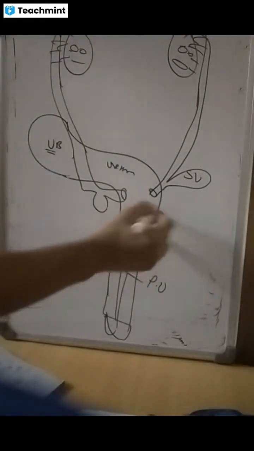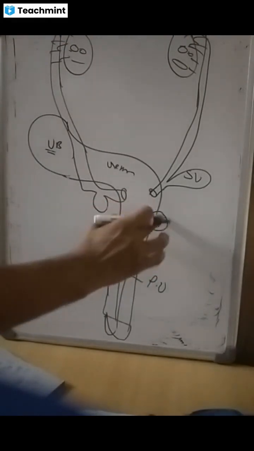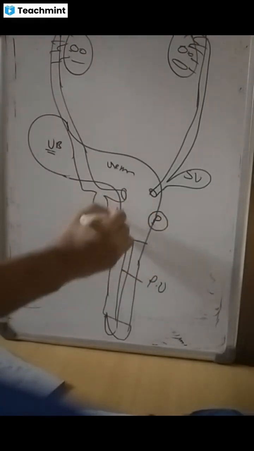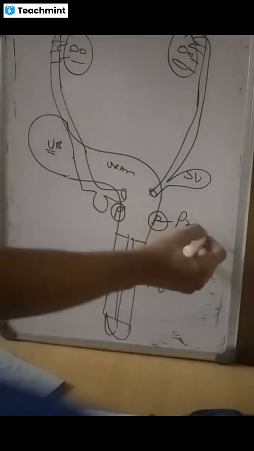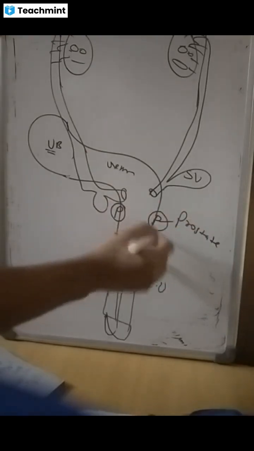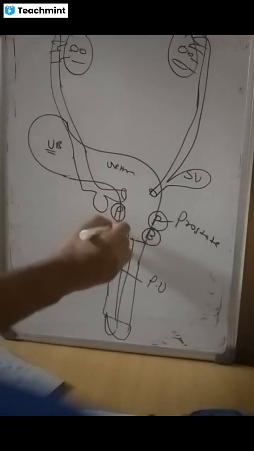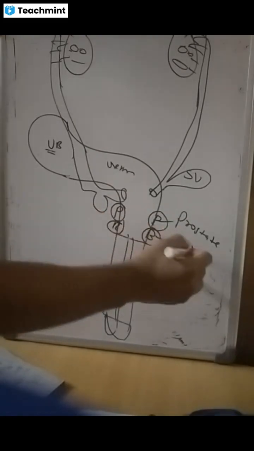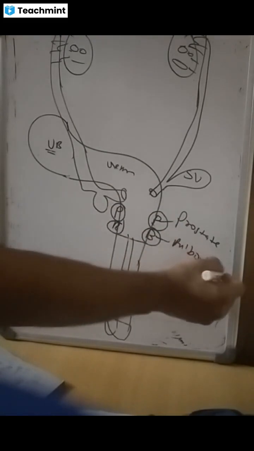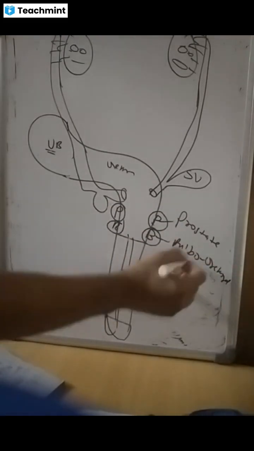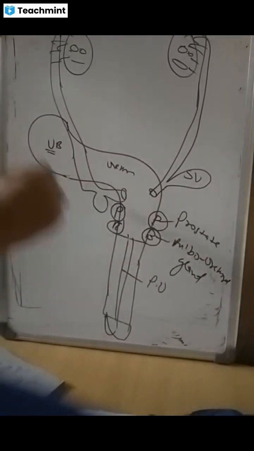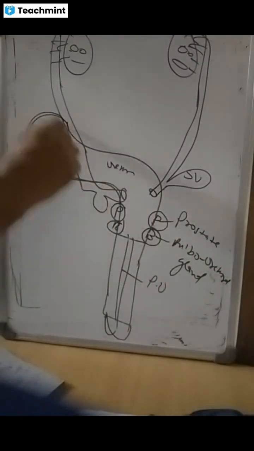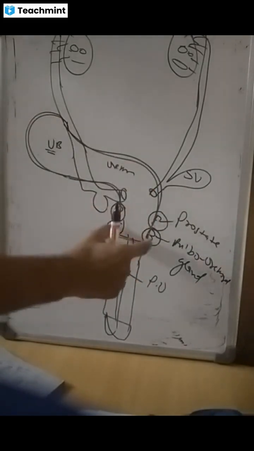There are two glands in male, both starting with B, first is P. This is the prostate. And here below this, bulbourethral. These two are formed from the urogenital sinus.